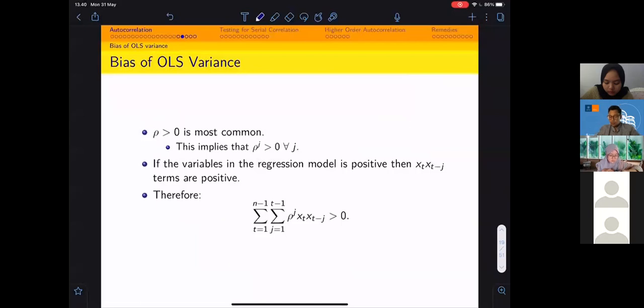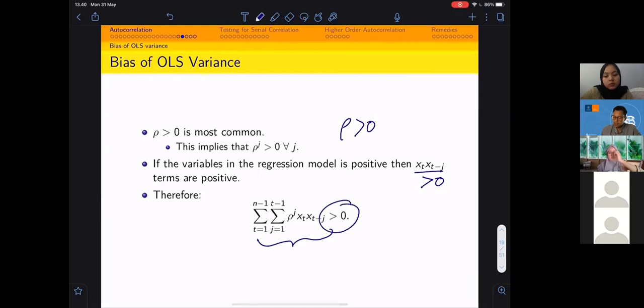All right. First, suppose that the autocorrelation coefficient is positive. Then for all j, the autocorrelation to the power of j is always going to be positive. If we also assume that xt times xt minus j is positive, then the bias is positive.